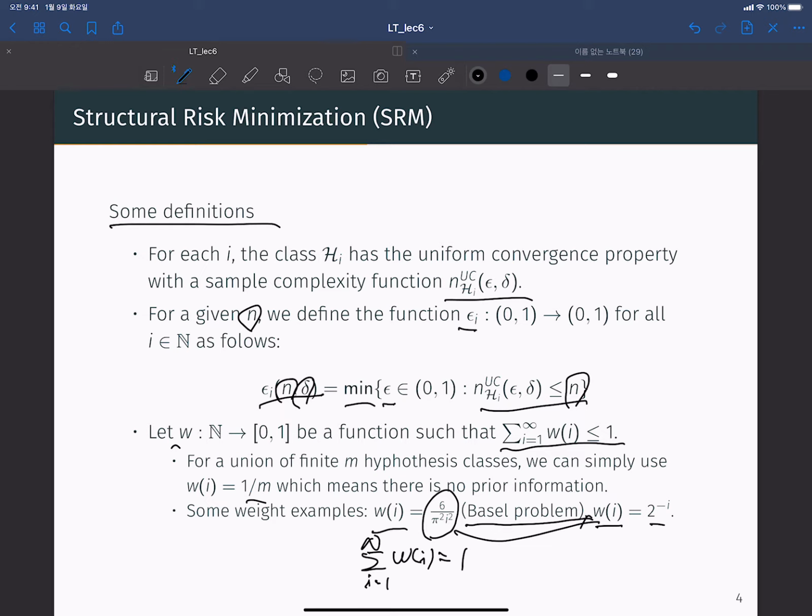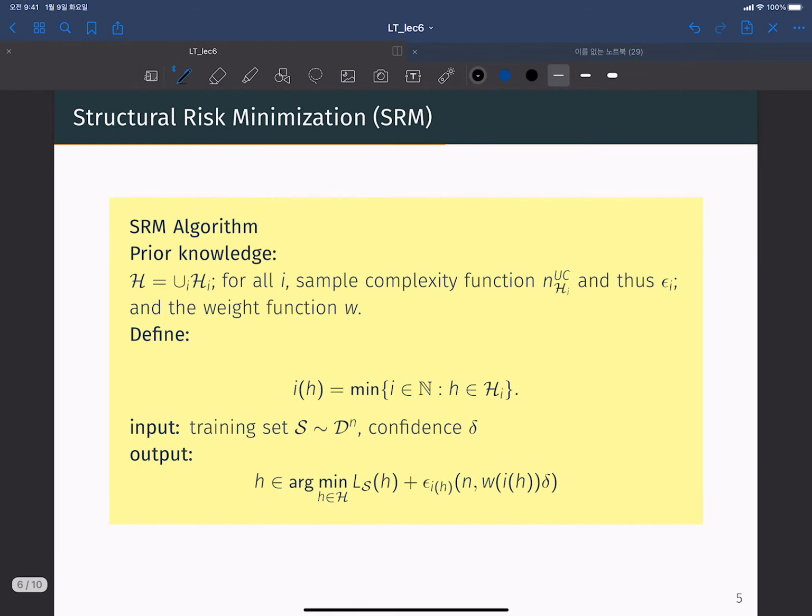So when we sort our hypothesis classes from the most likely one to the worst one, and then use this type of weight function, we can easily satisfy this and we can give more weight to the more favorable ones. Okay, so this is the pseudocode of the SRM algorithm. The prior knowledge is our hypothesis class.